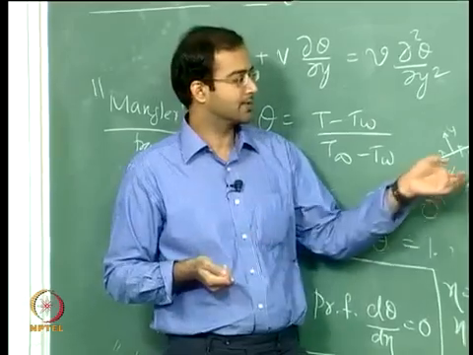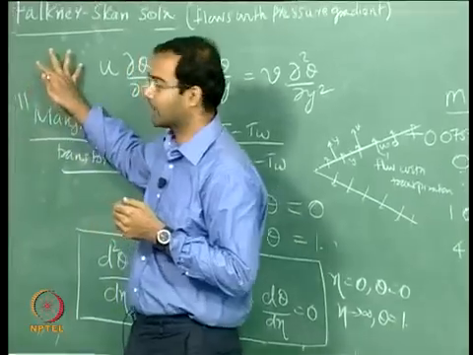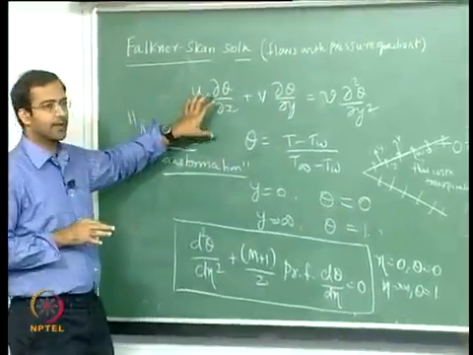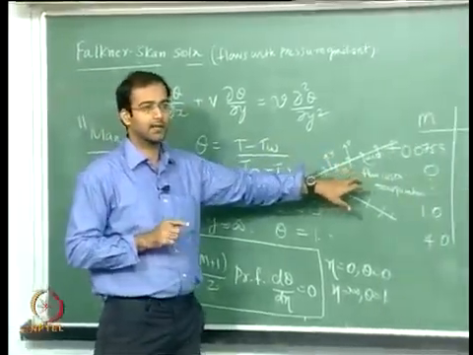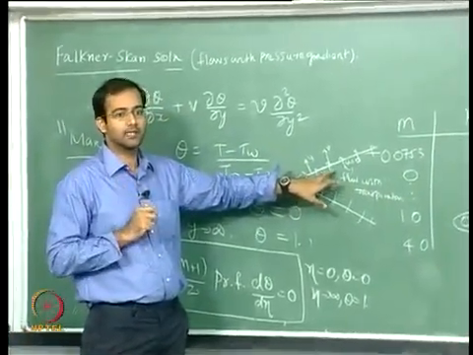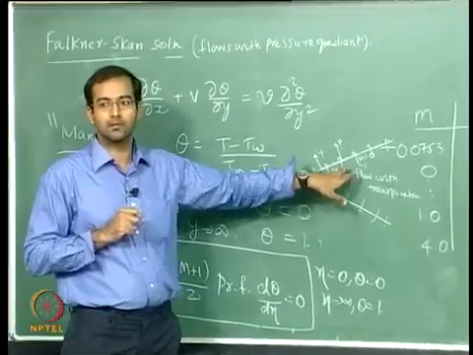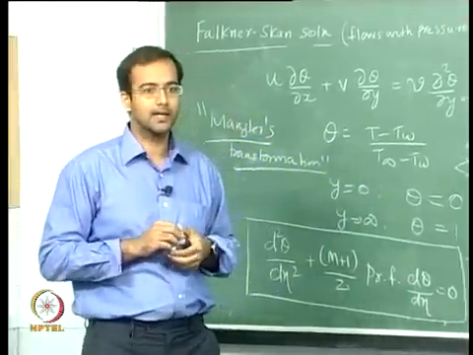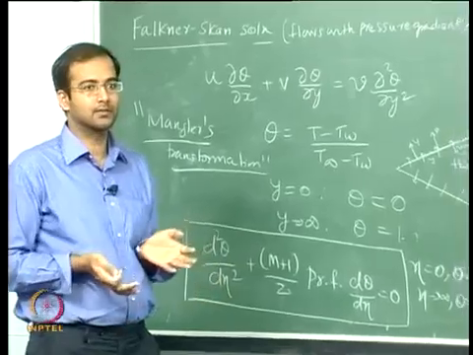These are extensions of the same Falkner-Skan solutions. The same similarity equation that we derived will hold true for this case also, only the boundary condition will now change. So far we have said that at y equal to 0, v equal to 0, but now v has a small component, so that has to be included, and we can use that as a more generalized solution.